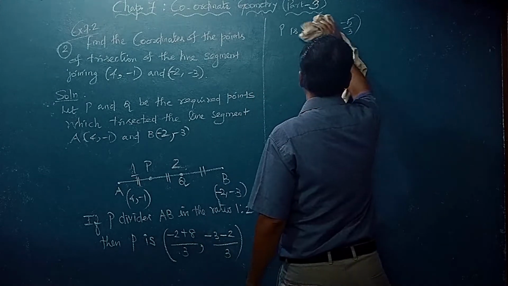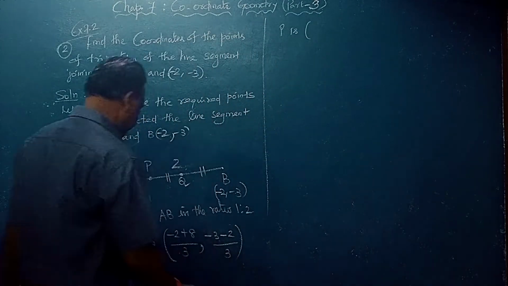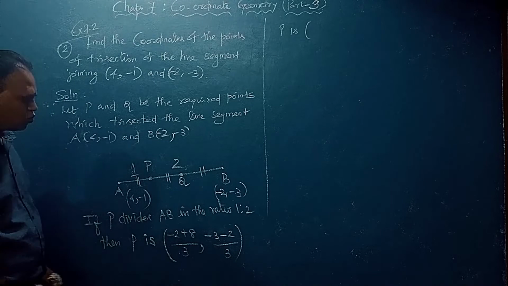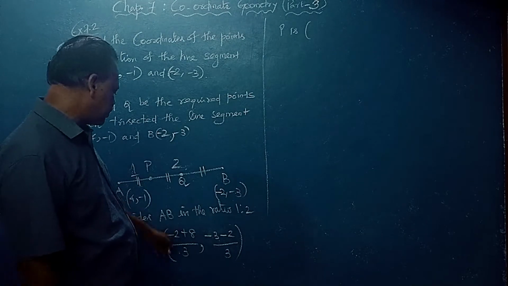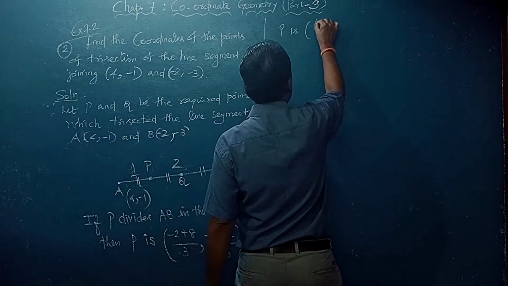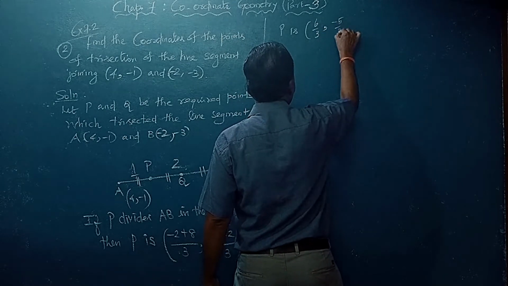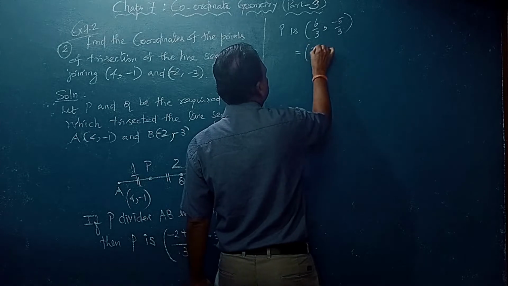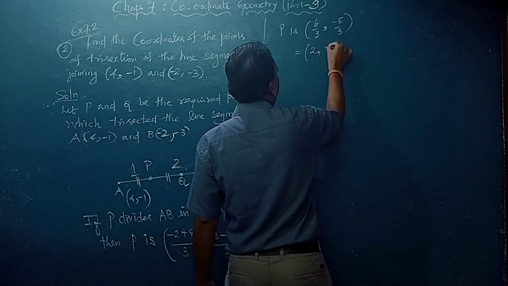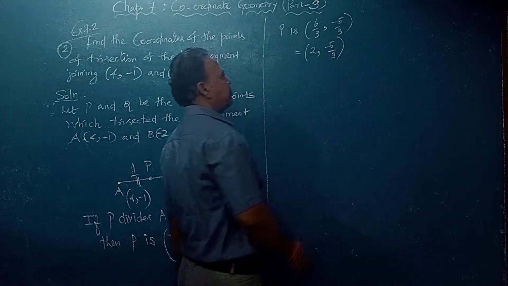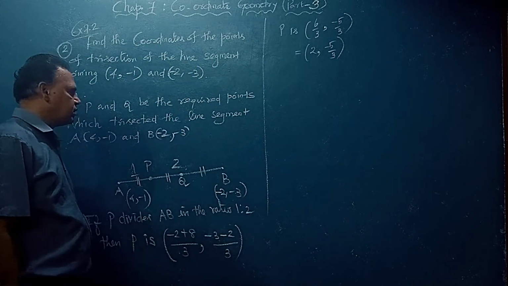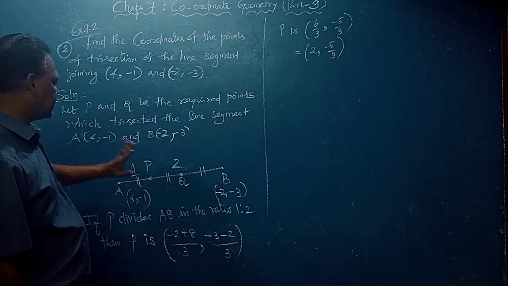So what will you get here? P is 8 minus 2, 8 minus 2 is 6 by 3, comma, minus 5 by 3. So that is equal to 2, comma, minus 5 by 3. That is P, the required coordinate.